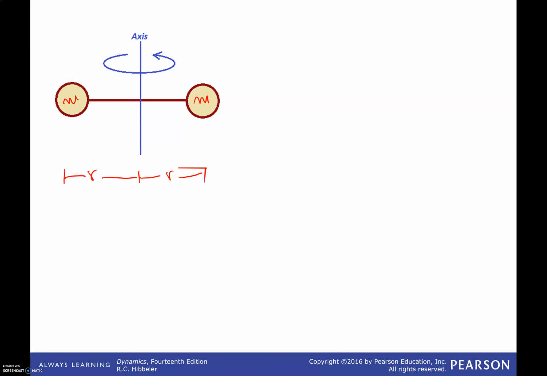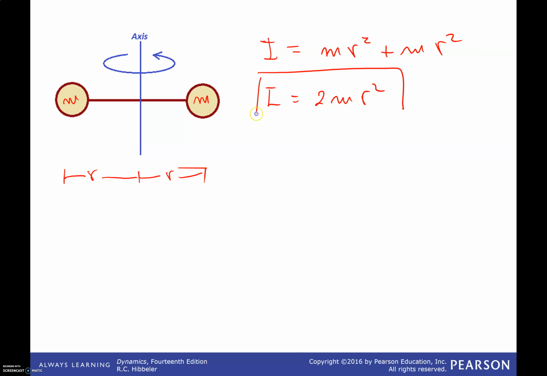Well, the definition is this: the moment of inertia I is equal to the mass times the distance squared, and then you add over all the masses in the system. So in this case, we would have 2mr squared. This is the moment of inertia of this dumbbell.